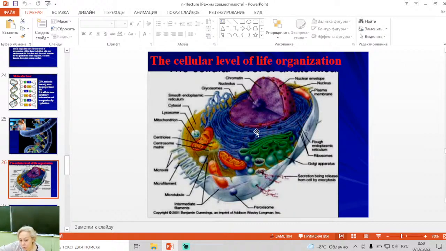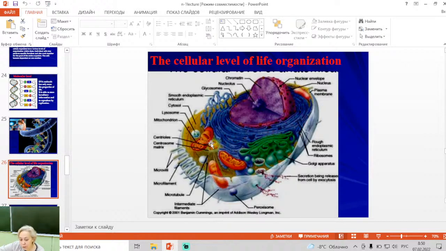Next to the nucleus you can see also the Golgi apparatus, Golgi complex, and a lot of mitochondria which produce energy for the activity of the cell. You see centrioles, two cylinders next to the nucleus too.